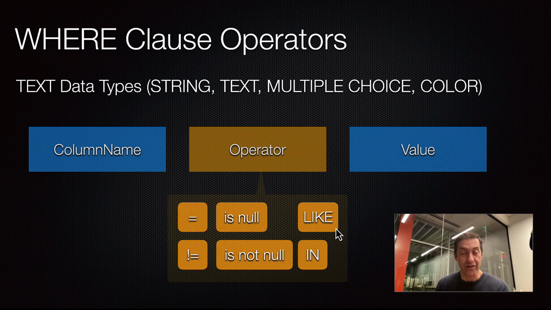The like operator is the one that gives you an ability to retrieve records where a text value starts with a certain character or substring, ends with a certain substring, or contains a substring in its value. And the in operator gives you an ability to retrieve records where the value is one of the specified options. And you can have multiple options for the in operator. Again, there will be an example where I will demonstrate how it works.